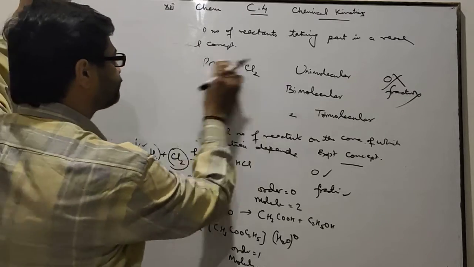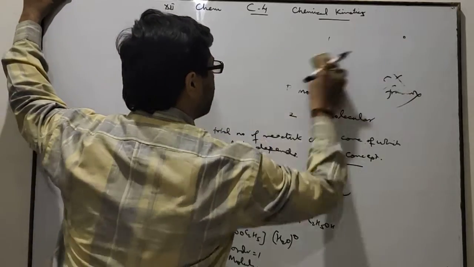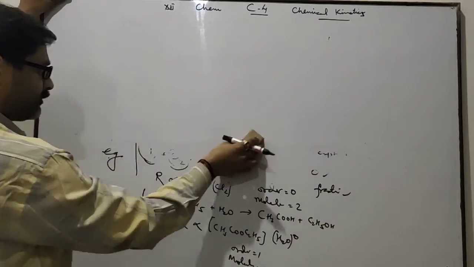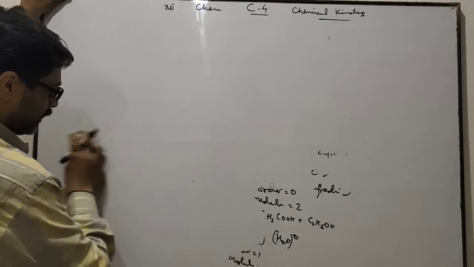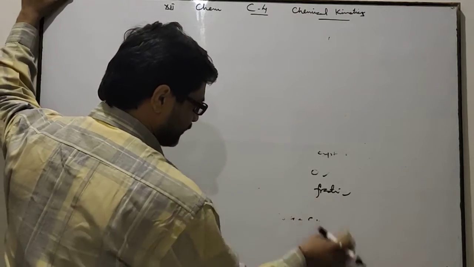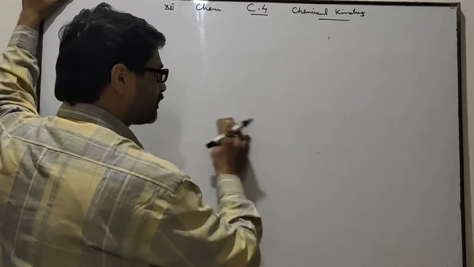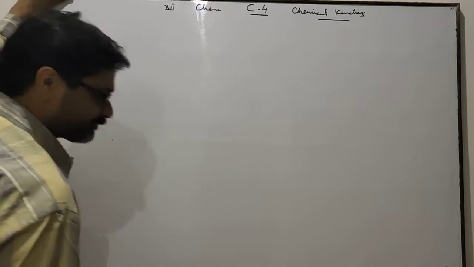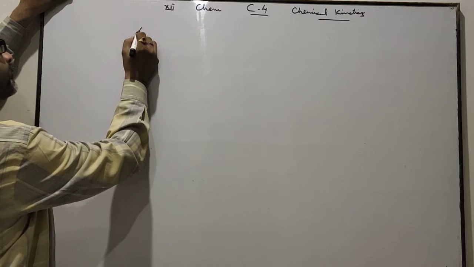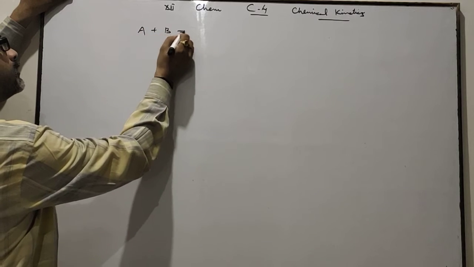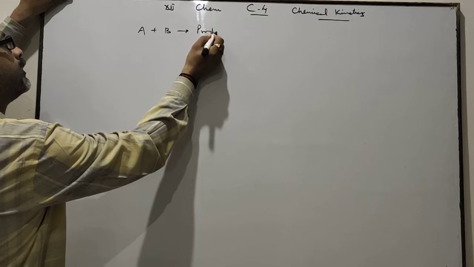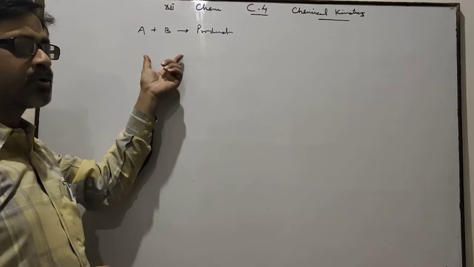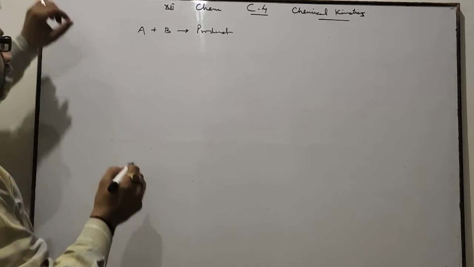Now I am going to discuss the rate law expression. What is rate law expression? It is that expression which defines the dependence of rate on the concentration of reactants.